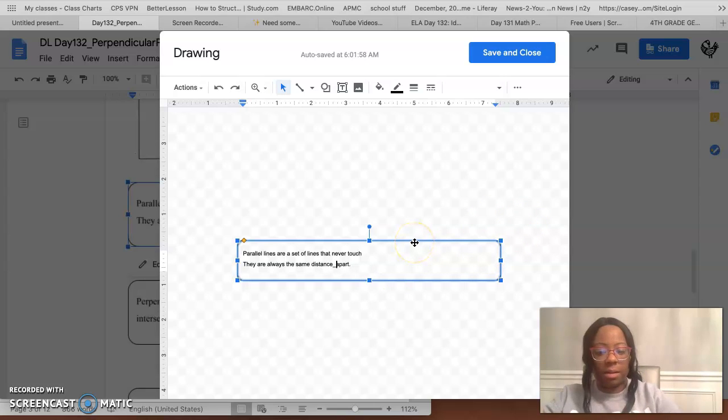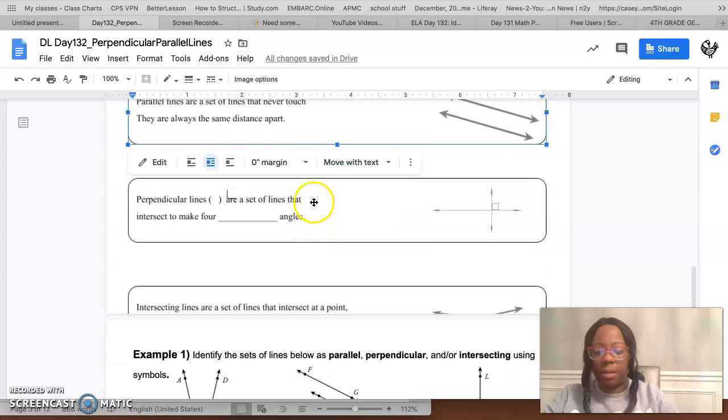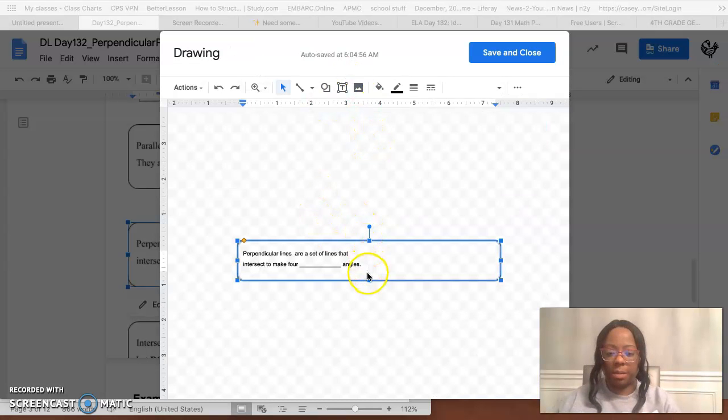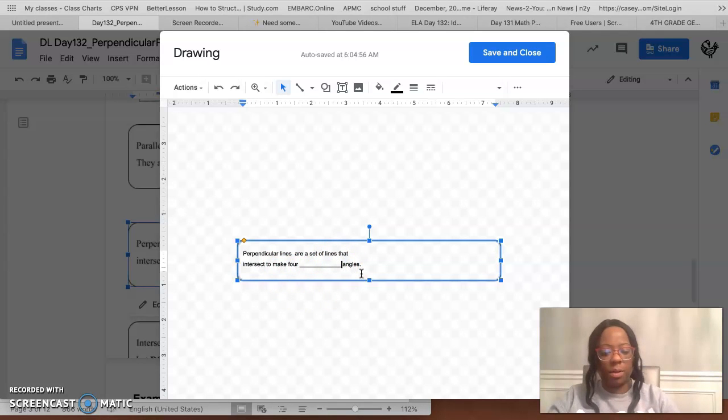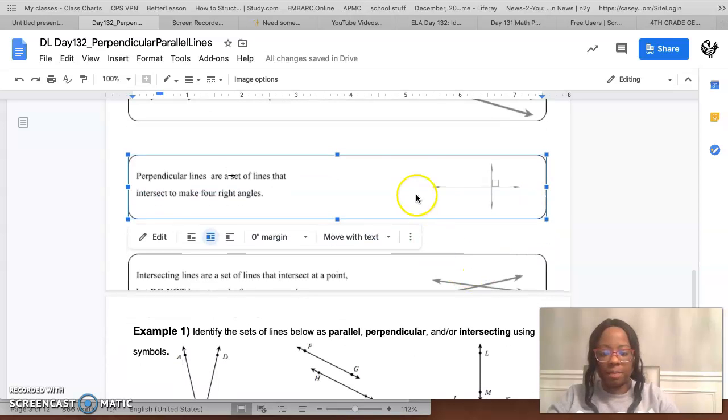All right, so done editing that, save it. Okay, now let's keep it moving. Perpendicular lines. Perpendicular lines are a set of lines that intersect to make four right angles. So those are four 90-degree angles. Save. All right, and it looks just like this.